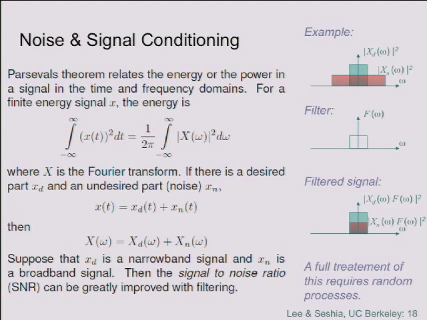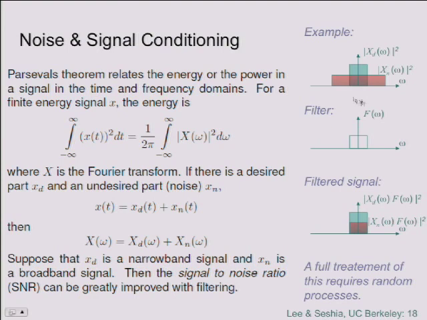Okay, so the picture here is illustrative of this. Suppose that the signal that you're trying to measure has frequencies ranging over some narrow band. That's the bandwidth here. Okay, so that's what you want to measure. The noise has frequencies ranging over a much wider band. If you bandpass filter this using a filter that looks only at the band of interest, then you drastically reduce the noise power. The noise power is proportional to the area under this curve. Okay?